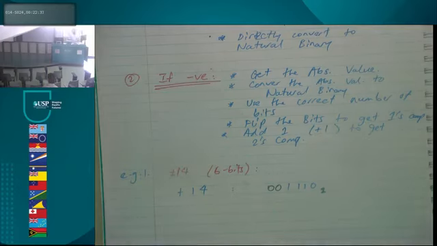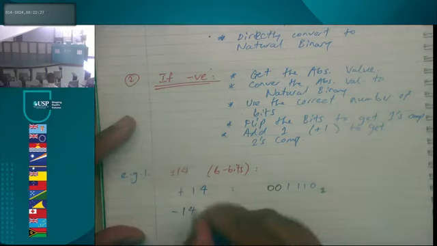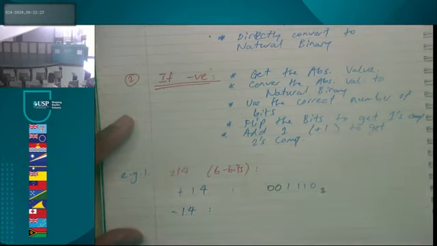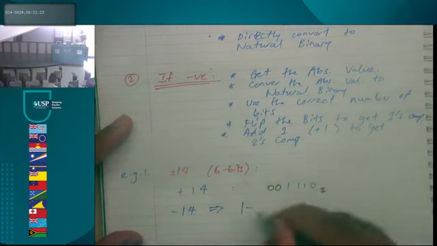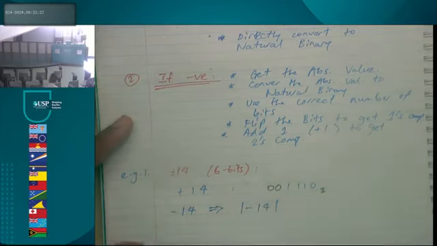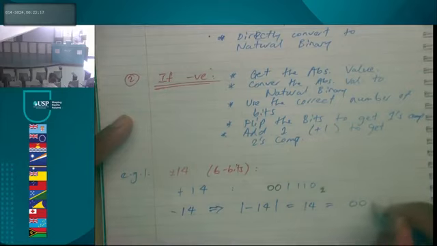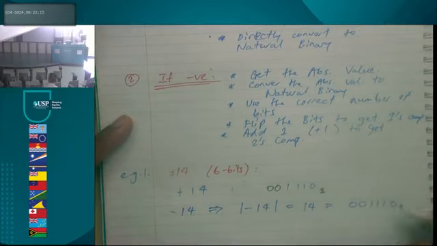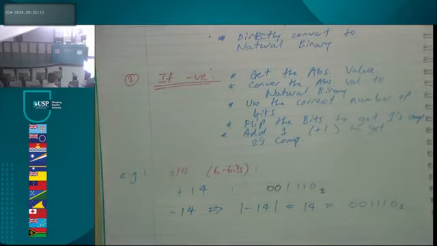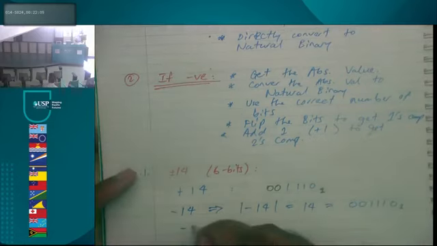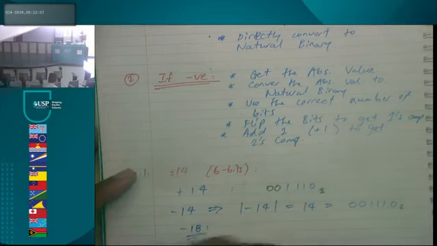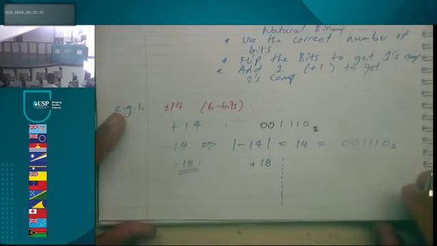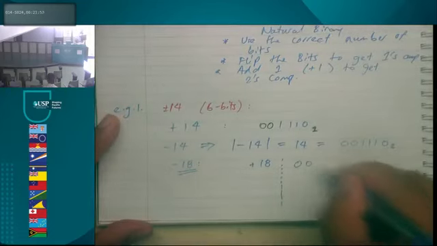Let's look at negative 14. In order to achieve negative 14, we take the absolute value of negative 14, which is positive 14, which is 001110 in natural binary. We have to have it in the right number of bits.